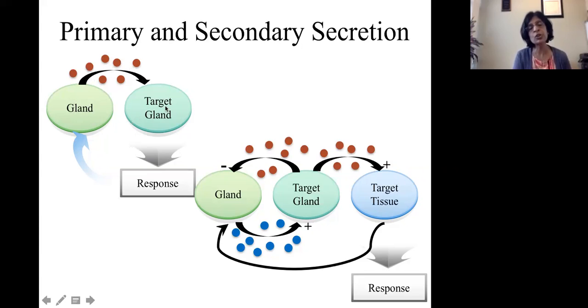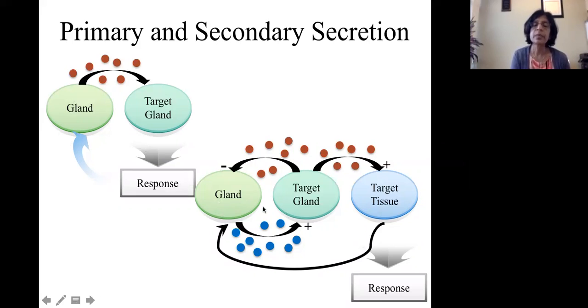Hyposecretion is undersecretion. That's when you make the gland release more and affect the target. So if there is a primary effect, if this gland is not functioning, then this target gland function is lost, and that is what you call primary hypofunction.